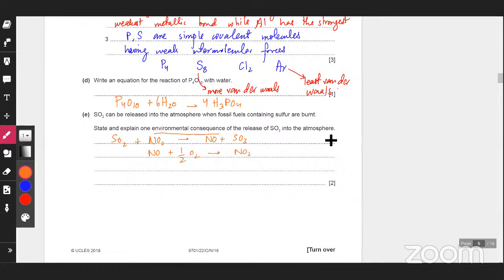It acts as a catalyst and as an oxidizing agent. SO3 then mixes with rainwater to form H2SO4, which is your acid rain. And you can talk about one environmental consequence, and remember, you have to be very focused on the environmental consequences. So soil and water bodies become acidic.